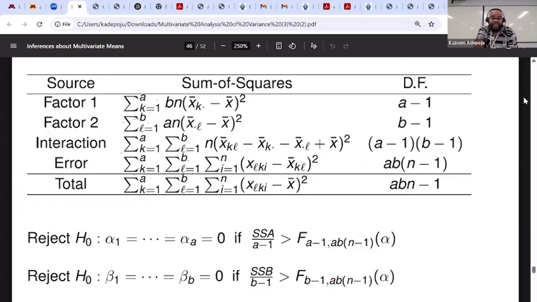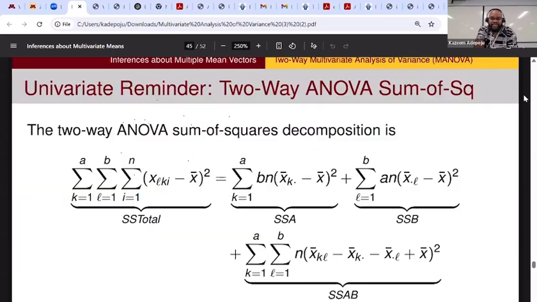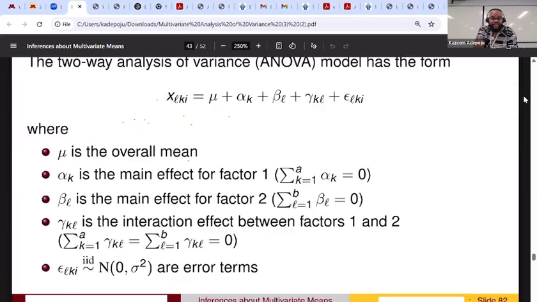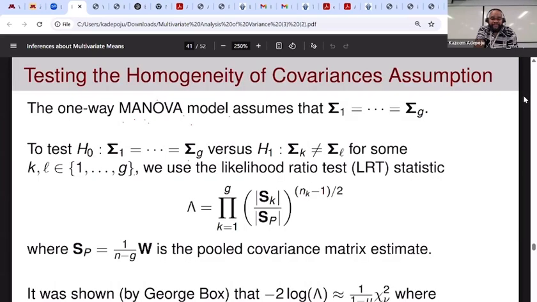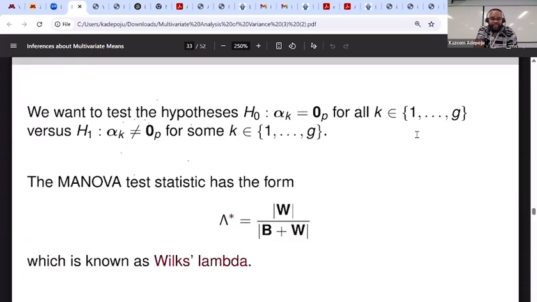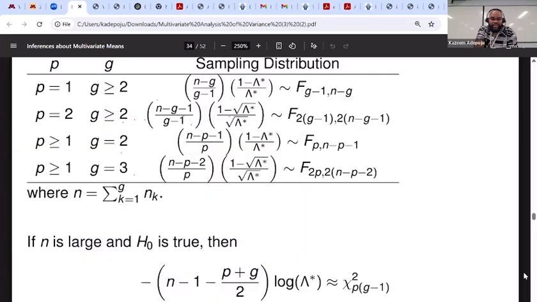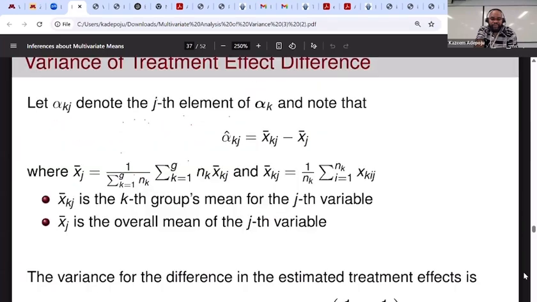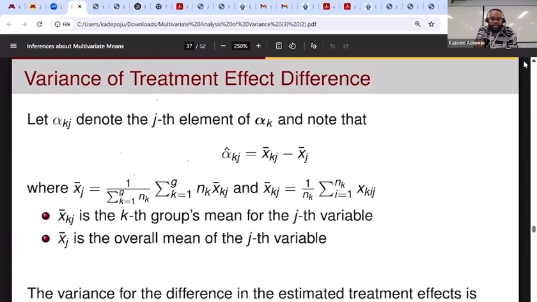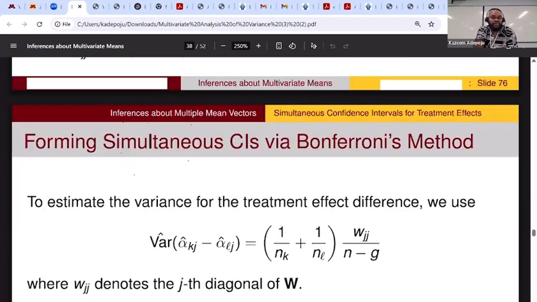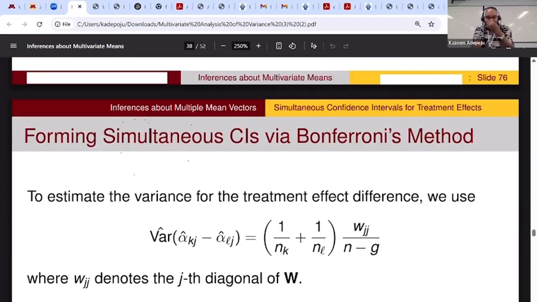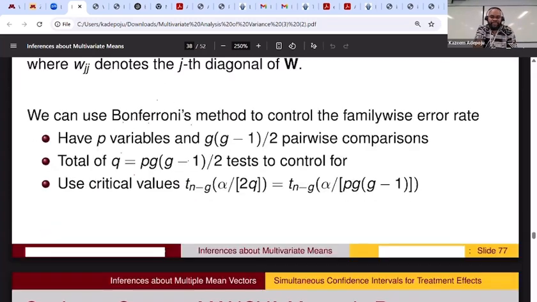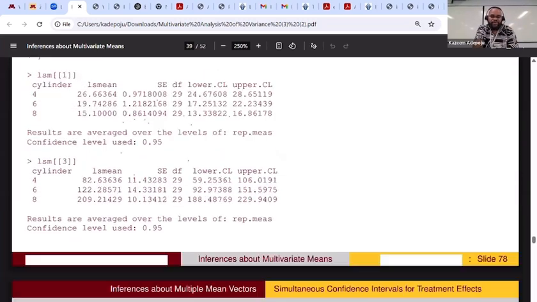I'm going to start from here, from the variance, tomorrow. Variance of treatment effect difference. Then from there, we're going to go into simultaneous confidence intervals for that. And not only that, I'm going to show you some R code.